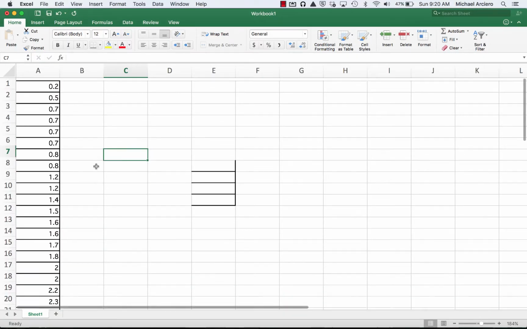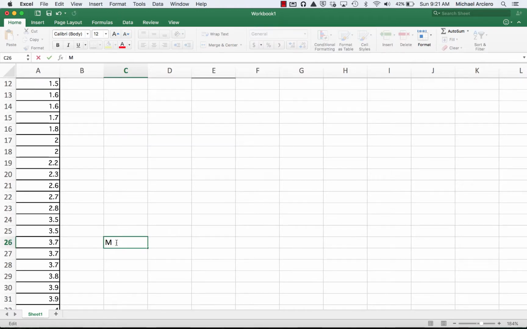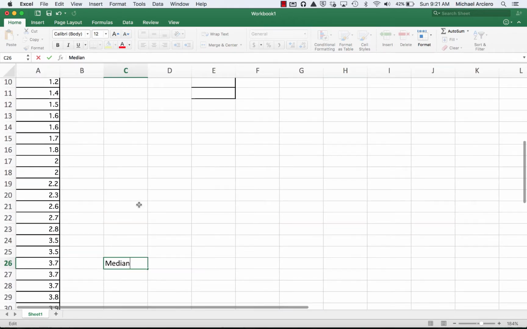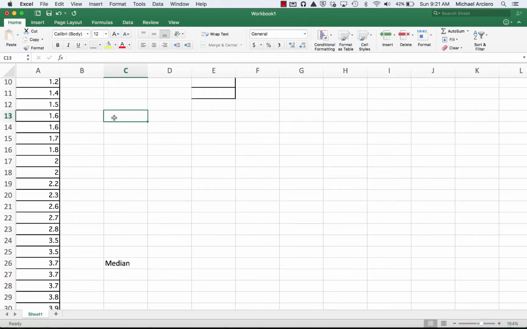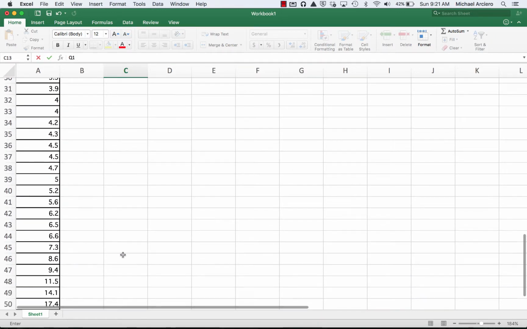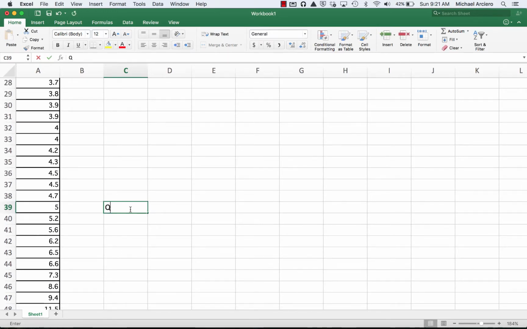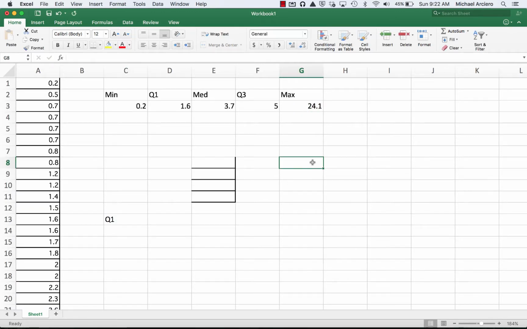So we need the 26th value, and then the 13th value was our Q1, and then Q3 is our 39th value. So that's Q3.